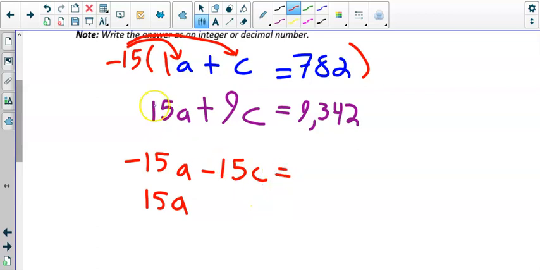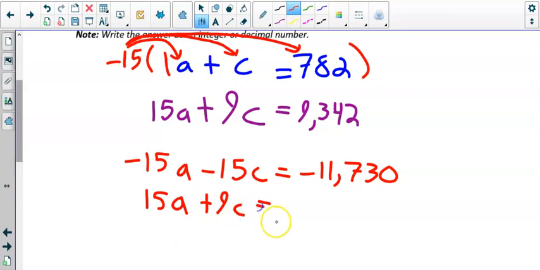Good. And what is negative 15 times 782? Negative 11,730. Okay. Our bottom equation we don't have to do any messing with. It's all good to go the way it is. So we got 15A plus 9C equal to 9,342.